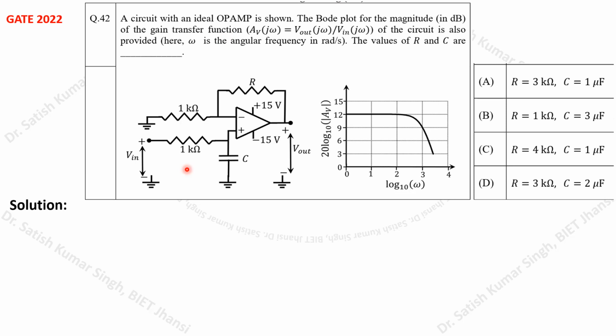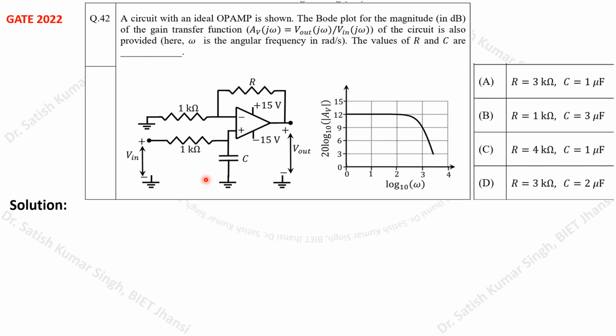So viewers are requested to follow that lecture and try to solve this circuit based on the concept I already discussed. Please pause this video for 2 minutes and try to solve this problem by following that concept. That was the experimental part, while doing the experiment of the second order or first order low pass filter. You can comment your answer, your options, whatever you are getting.